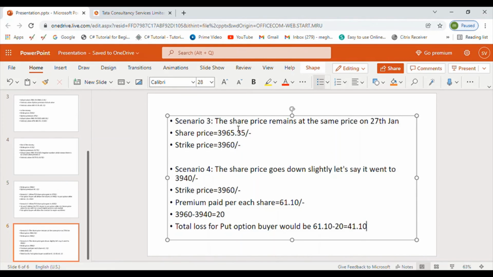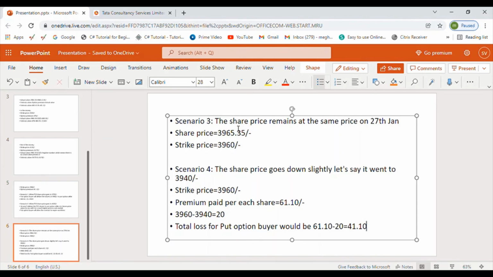So we understood one thing. In any situation you may take, the option buyer can lose only up to the extent of the premium he has paid earlier, whereas the option seller can lose to any extent. So two things to keep in mind. For buyers, the loss is limited to the premium paid, but for sellers, the loss is unlimited.